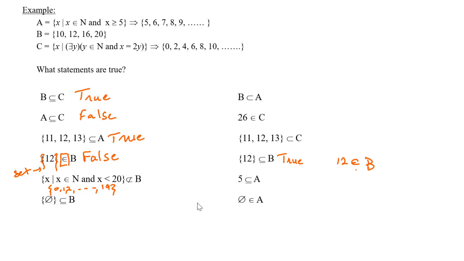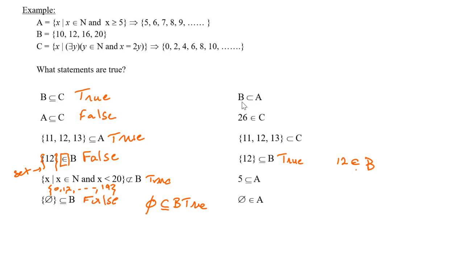Is a set with an empty set a subset of B? No. An empty set is a subset of any set, especially like B. Yes, this is true, but this is not, because I have a set within a set.